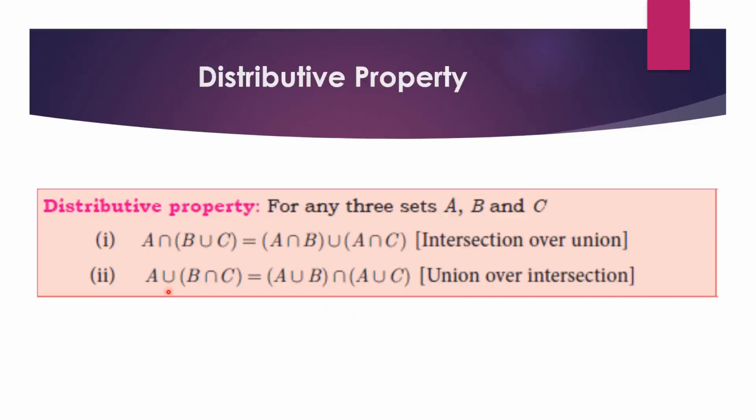At that time we will have the union symbol at first, intersection symbol at the second. Here I have to write the RHS as (A union B) intersection (A union C). That is the right answer. These two are the distributive properties, intersection over union and union over intersection.